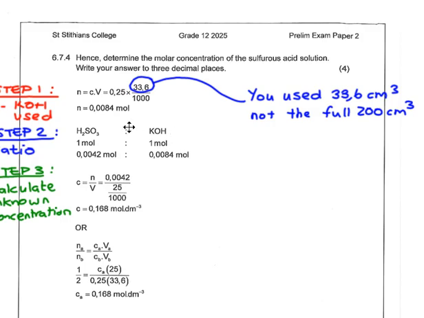Then we look at the ratio. KOH is 2 moles, and we need to find the unknown number of moles of H2SO3, so we're using the ratio. So we've got 0.0084 moles of KOH. The ratio is 1... oh, I think that must be a 2.